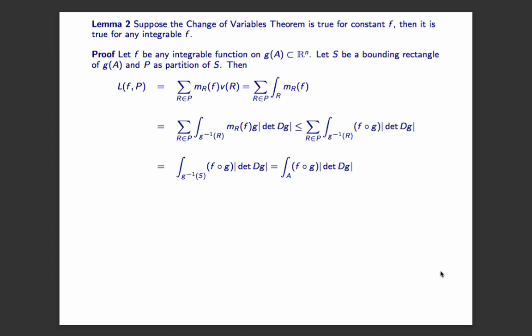And g inverse of S is not A, but f, outside of A, we're assuming is 0. Of course, we're considering an extension to the bounding rectangle. So g inverse of S, when applied to the extension of f, can just be reduced to A, since outside of A I get 0.